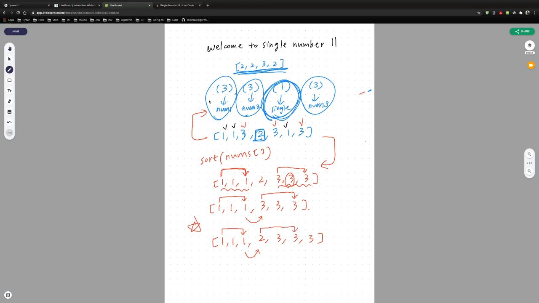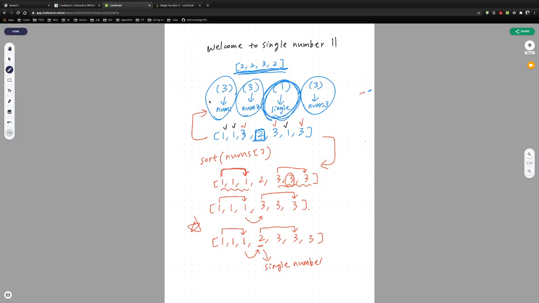No, because this number is not in a group. And why is it not in a group? Because it is what we want to find, the single number. So this is our first idea.